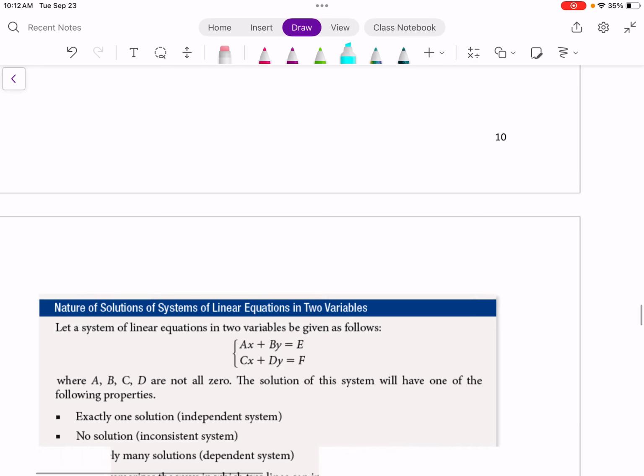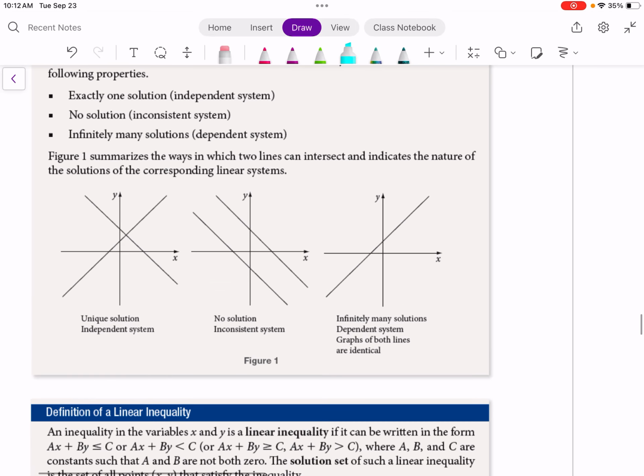Now let me go to the next page here. So we have this one linear equation. How do we know this is linear? The graph is a straight line, right? So when we graph a linear equation, we always get a straight line. Here we have one linear equation, and this is the other linear equation.